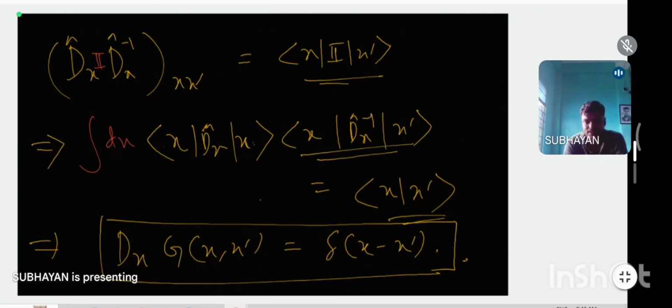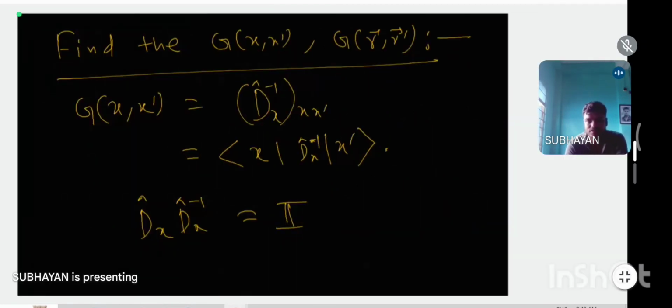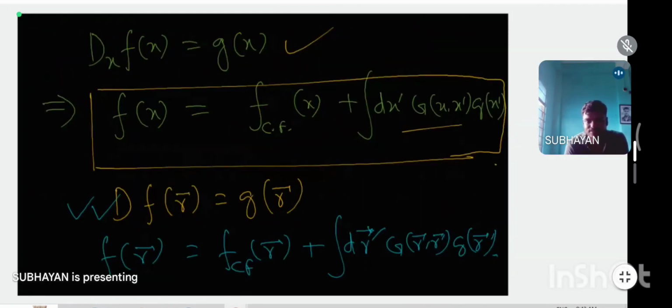In this way, by solving this equation, you can find the Green function, and once you find the Green function, you can put it here and easily find the whole solution for this equation.